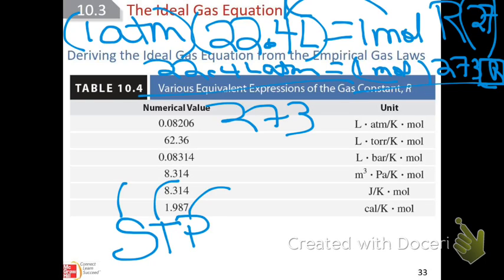And 22.4 divided by 273, I'm just going to bet you money that it's 0.8206. Notice what our units are: liters, atmospheres, over moles and Kelvin. That's what our R is. And that's exactly what they got right there, because we made it so.